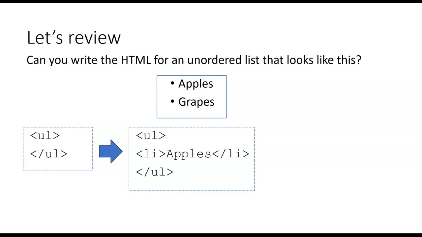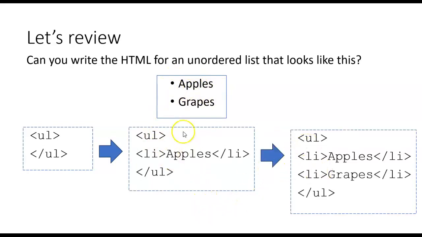So my first list item was apples. The LI is what gets me this bullet and this line break. And then I added in the second list item, grapes. Unordered list, list item apples, list item grapes, close UL.